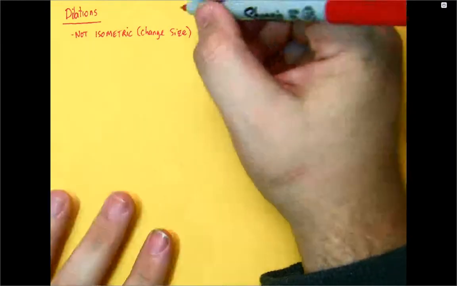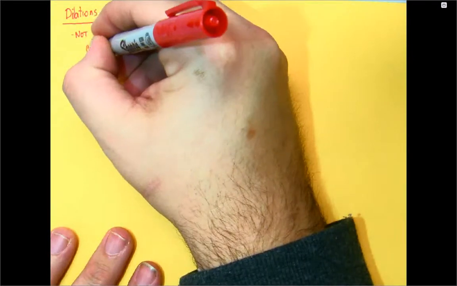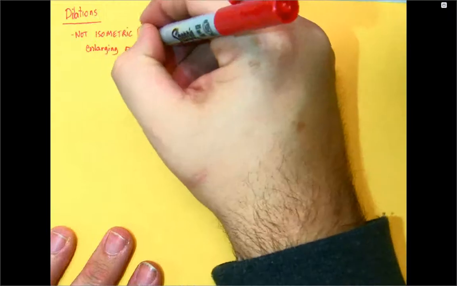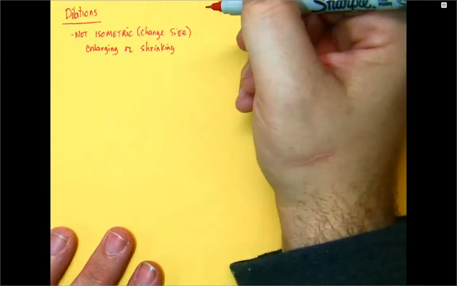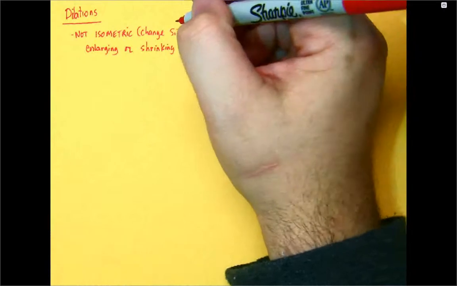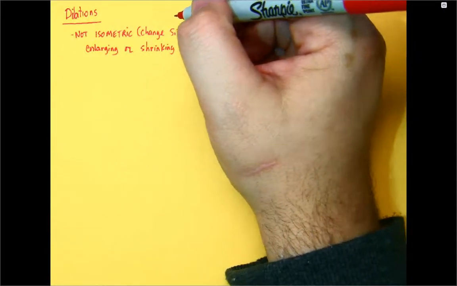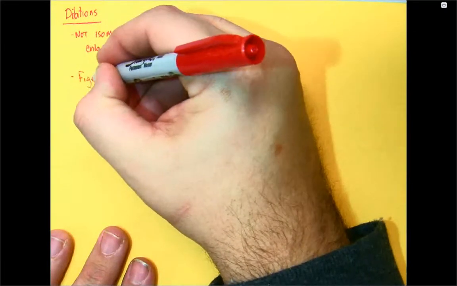So this is about either enlarging or shrinking. I couldn't come up with a better word than shrinking for that, but now, for this one, you need a figure of some kind.